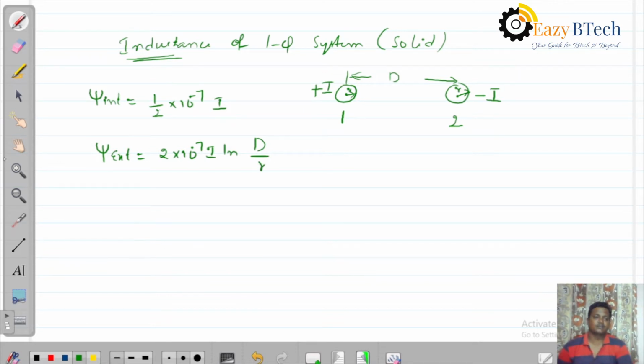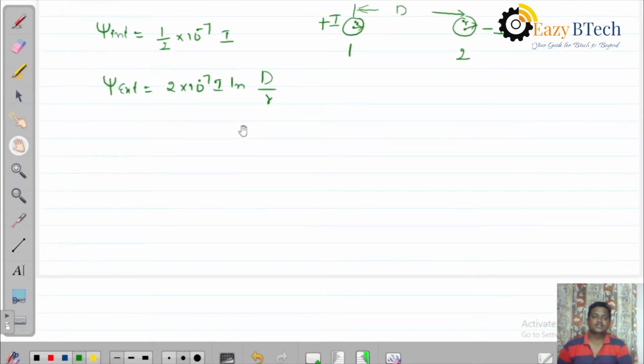Therefore, now the total flux linkage of conductor 1 due to its own current.